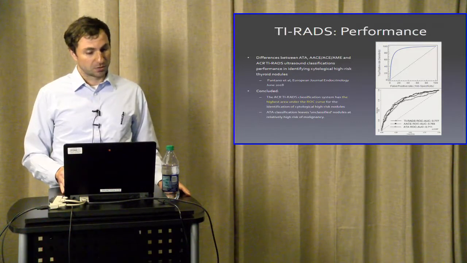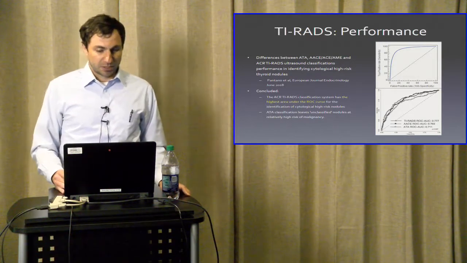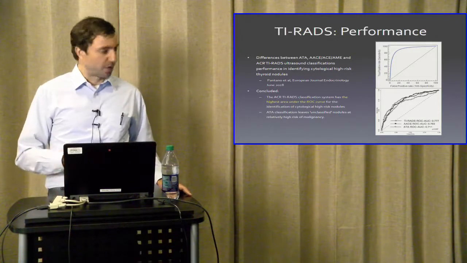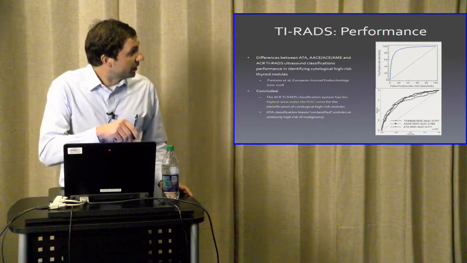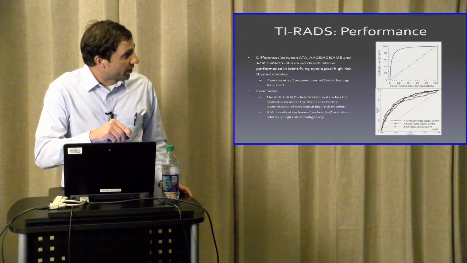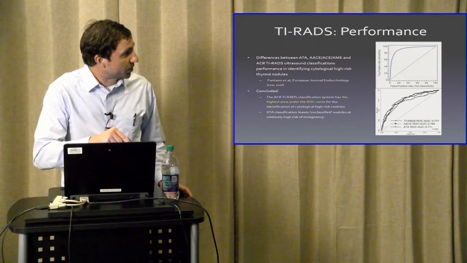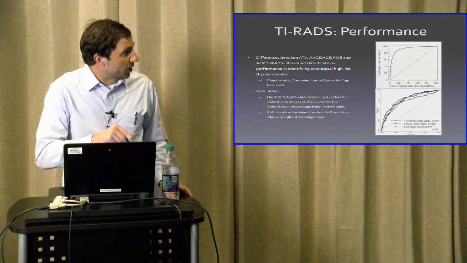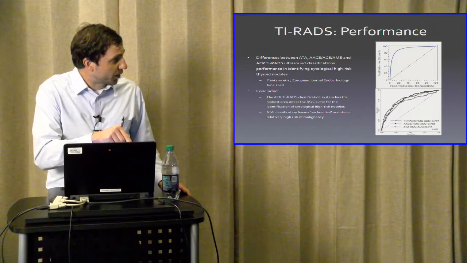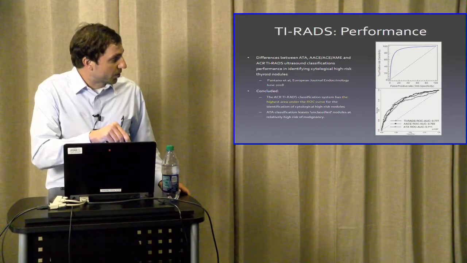This is another paper that came out. This is a receiver operator curve, which basically all we measure. I had to look it up. I don't know medical statistics that great, but you want a large area under the curve, this is just an example of an area under the curve. The bottom is the actual receiver operator curve from this particular paper, comparing it to two other classification schemes.